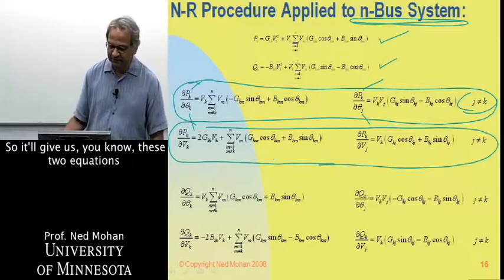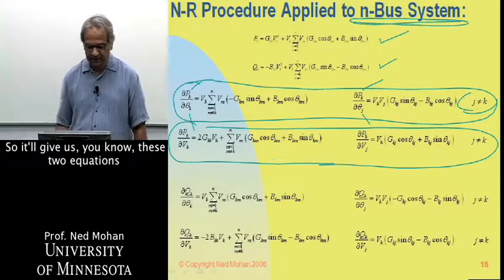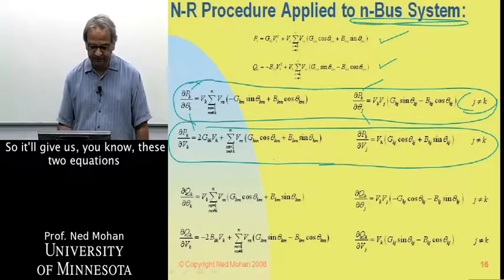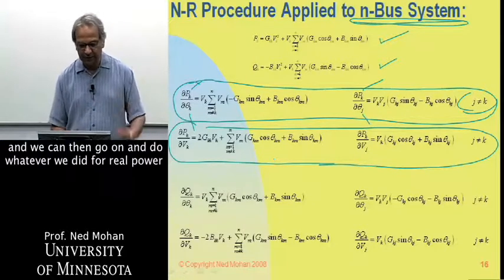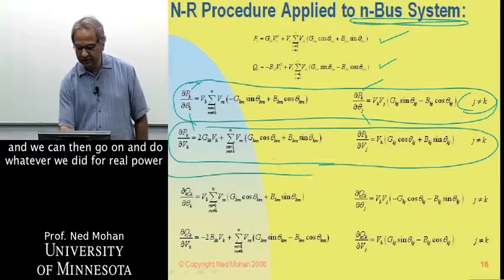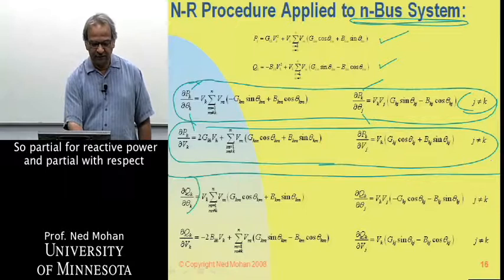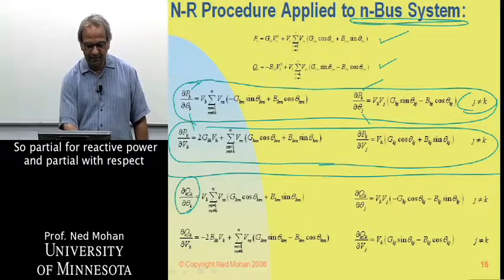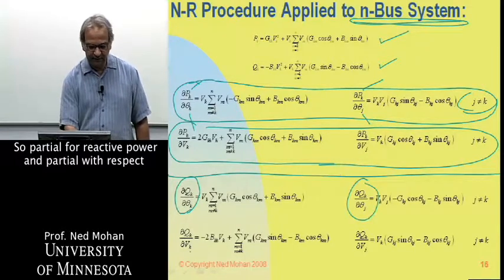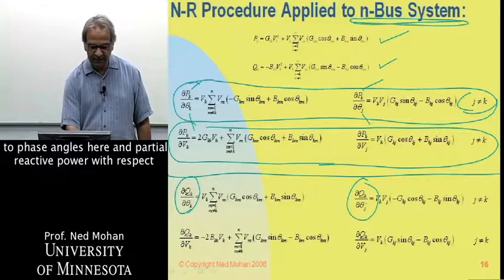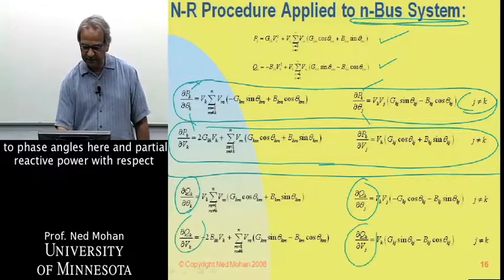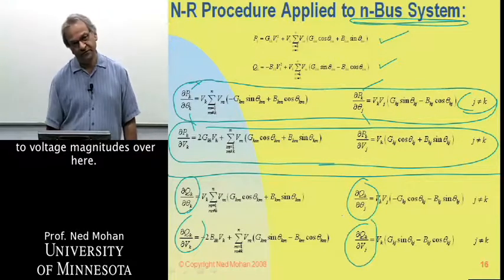So it will give us these two equations, and we can then go on and do whatever we did for real power for reactive power over here. So partial of reactive power with respect to phase angles here, and partial of reactive power with respect to voltage magnitudes over here.